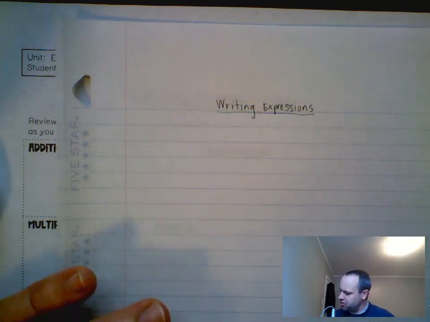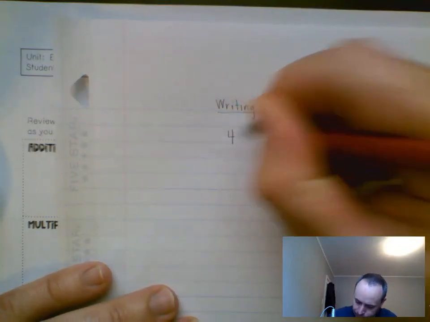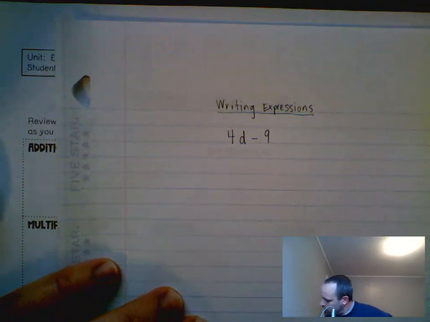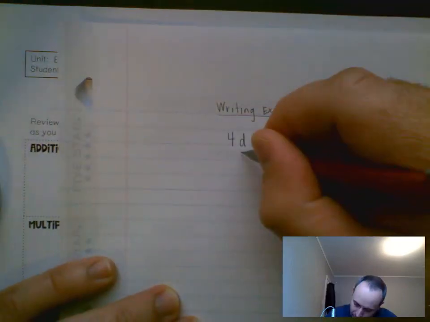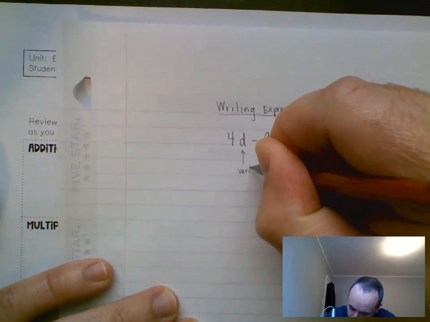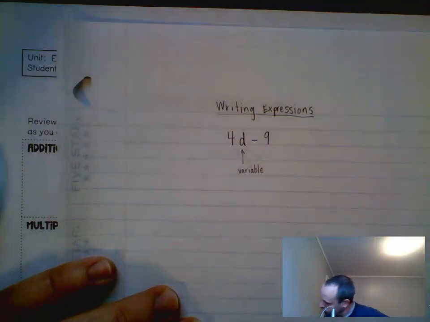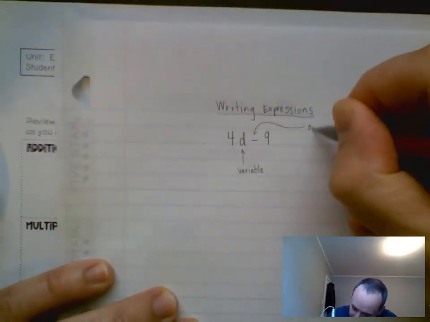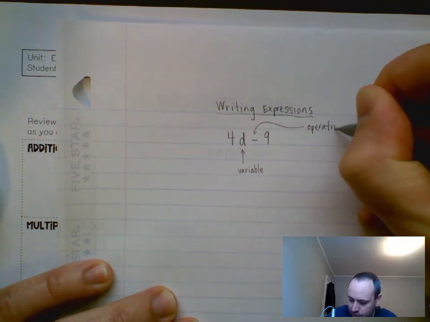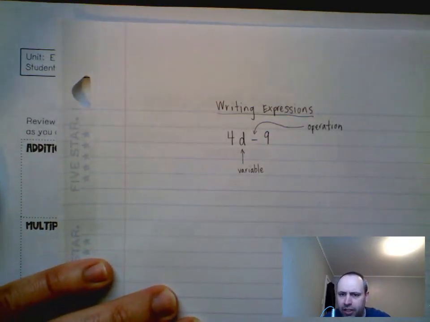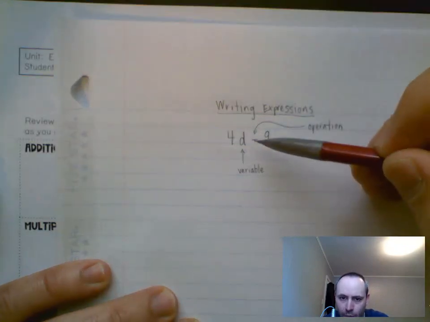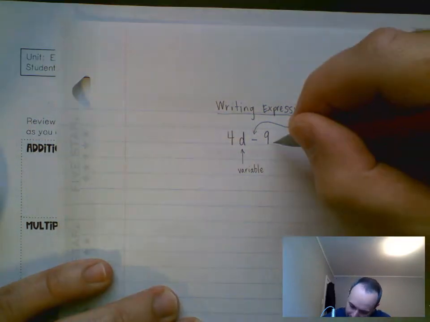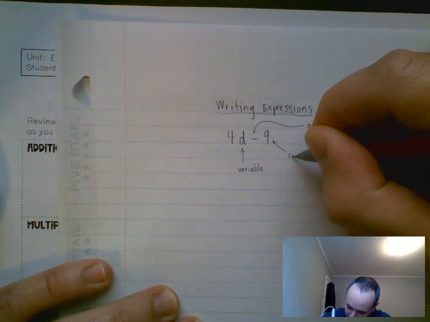Okay, let's start with the certain parts of an expression. The letter is what we call the variable. The minus sign or the plus sign, multiplication or division, would be what we call the operation. So if that was 4d times 9, then the times would be the operation. The number 9 is what we call a constant.